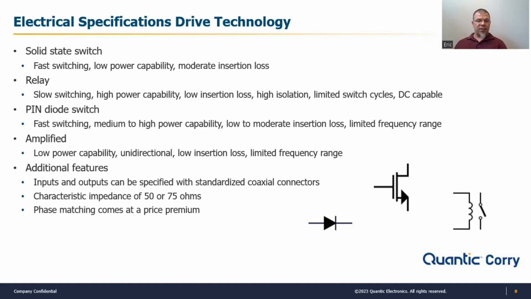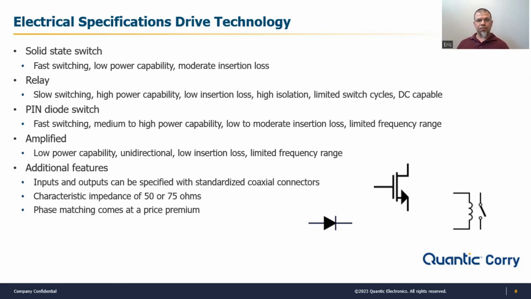And phase matching does come at a price premium, and that's because at gigahertz levels, a very small physical length difference can really affect the degree of phase matching. So it becomes very challenging to do a phase matched switch matrix properly. But we're capable of doing such things.